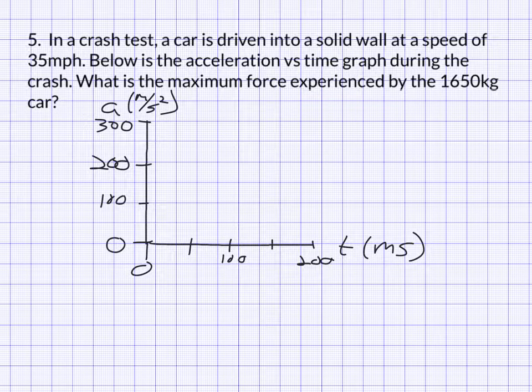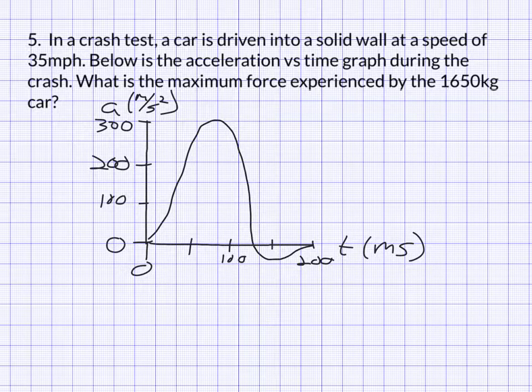Right about here we hit 300. So this is a car as it crashes into a wall. We'll say that 0 looks about like the time where it hits, and then maybe around 200 milliseconds is where it comes to rest. So we have the graph, and they are asking, what is the maximum force experienced by this car? We have the mass of the car.